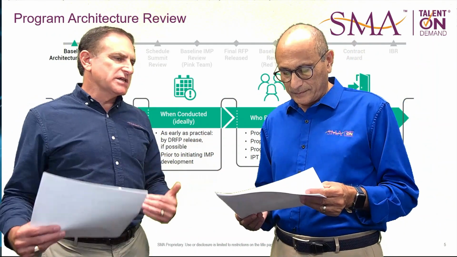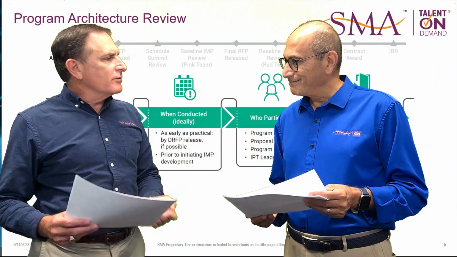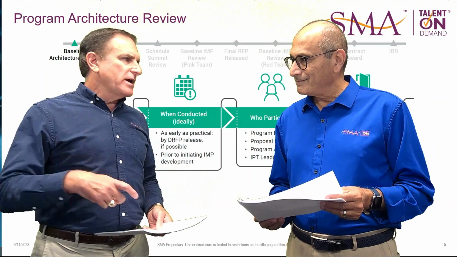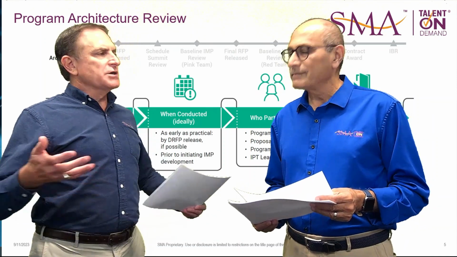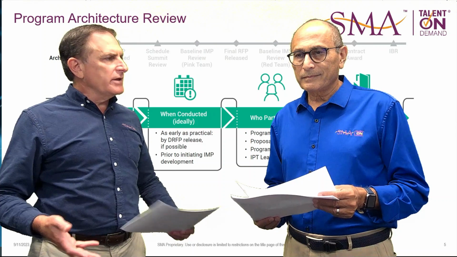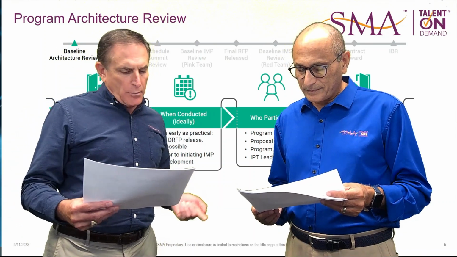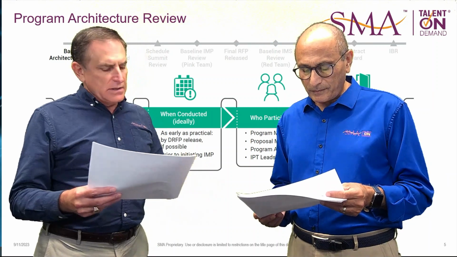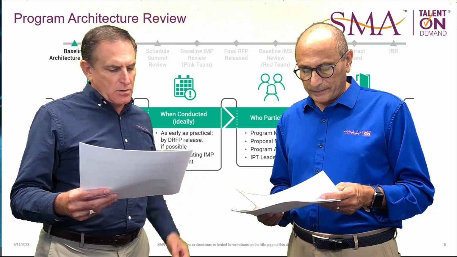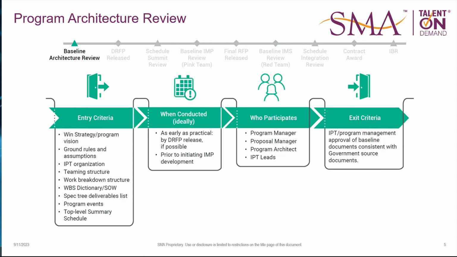You've got to get schedules from your subs. You've got to know who they are, right? Mm-hmm. And are they simply providing a commercial item deliverable, or are they actually going to do NRE engineering that has to be integrated into the overall IMS? Work breakdown structures, the integration of the WBS and the SOW. Spec trees are important for this because, again, you've got to know what it is you're doing, right?